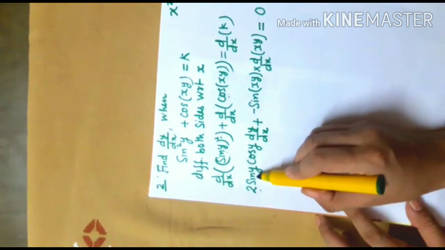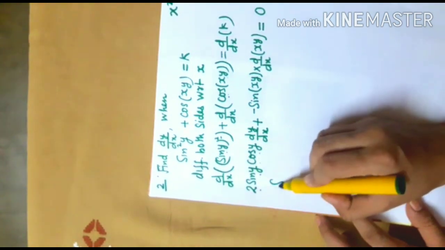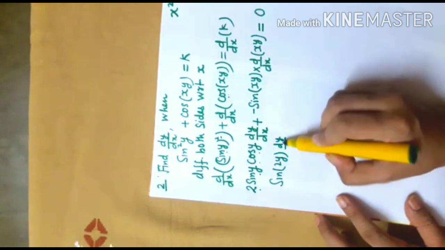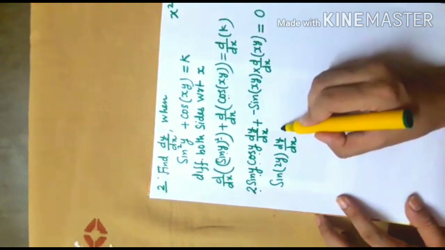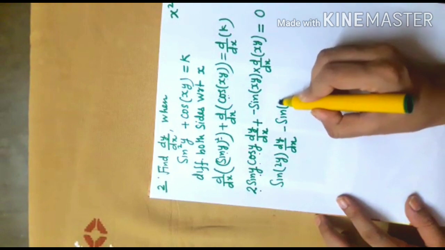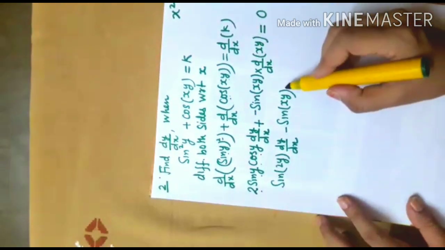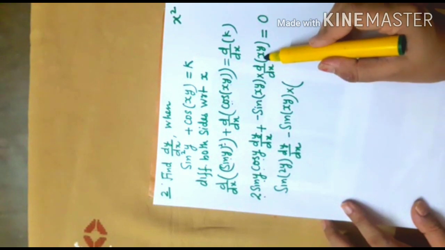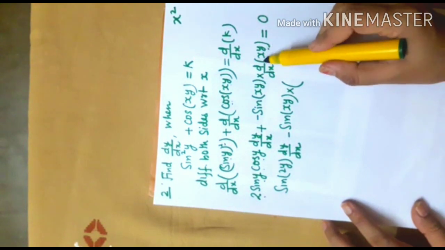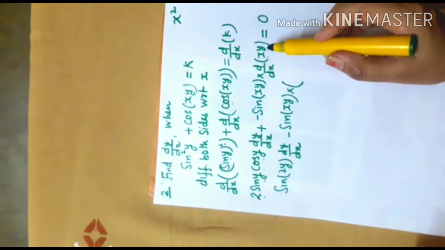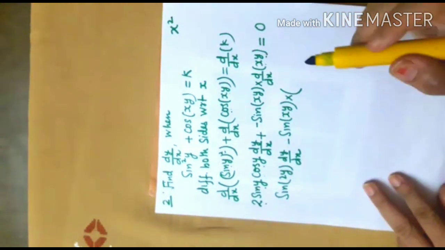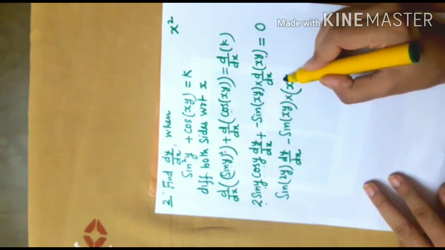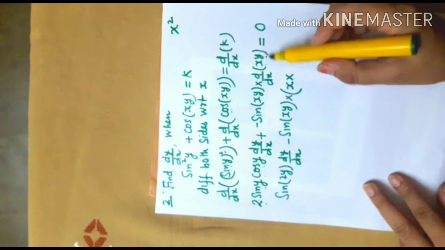Now this is 2 sine theta cos theta. Can I write this as sine 2y dy by dx minus sine xy, and here I have to find out the derivative of xy. So two functions are being multiplied, so I'll apply the product rule. So first function, that is x, into derivative of second function.